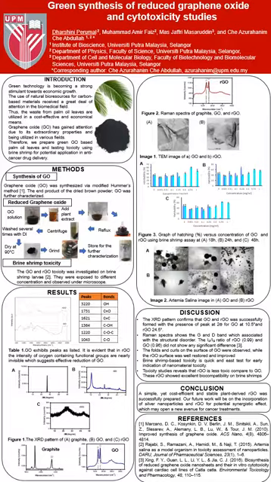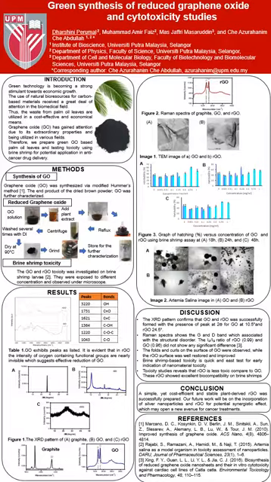And Figure 3 shows the graph of hatching percentage versus concentration of graphene oxide and reduced graphene oxide using brine shrimp assay at different time points, which are 18 hours, 24 hours, and 48 hours. Image 2 shows the Artemia salina image, which is the brine shrimp image in graphene oxide and reduced graphene oxide solution.